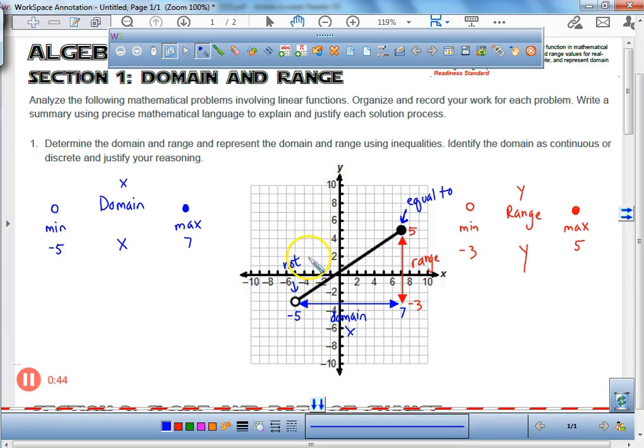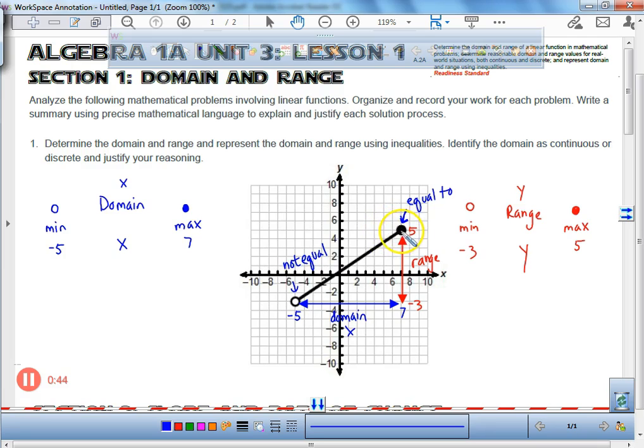So it does not include this ordered pair. It does include this ordered pair. So my x values are less than or equal to 7, but they're just greater than -5. So here's how you read it. x is greater than -5, but x is less than or equal to 7.